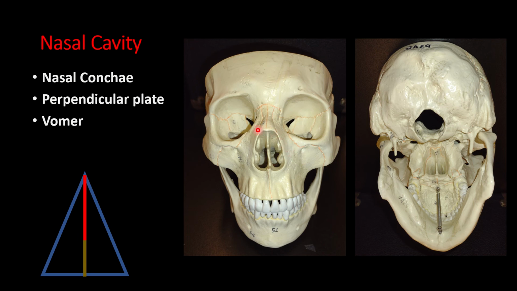This is the nasal cavity itself, and because of the septum it is made of the right and left nasal cavities, and this is the anterior part of it, and this is the posterior part of it. And the maxilla is making the floor of the nasal cavity. So this area is the roof of the mouth, same thing.